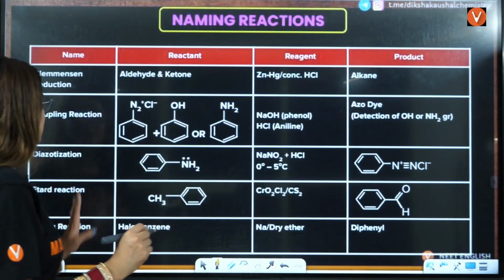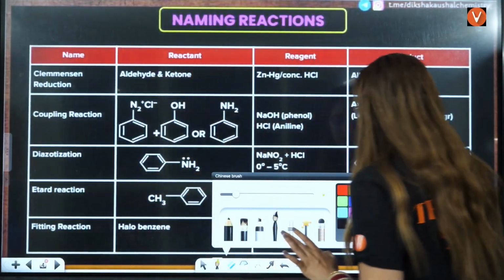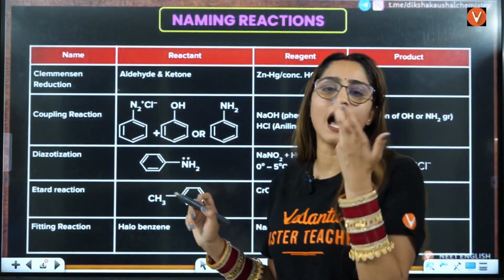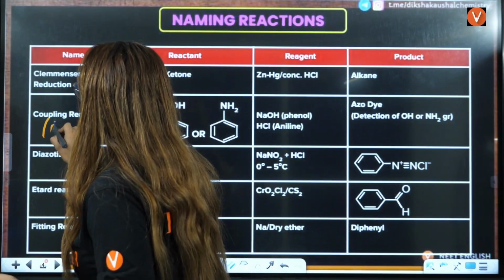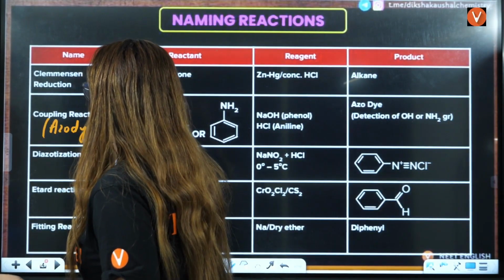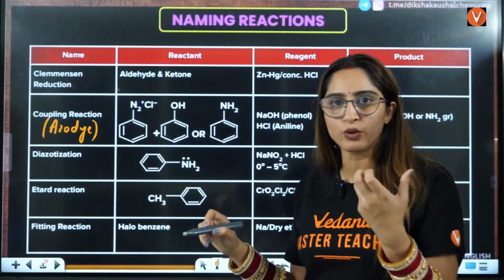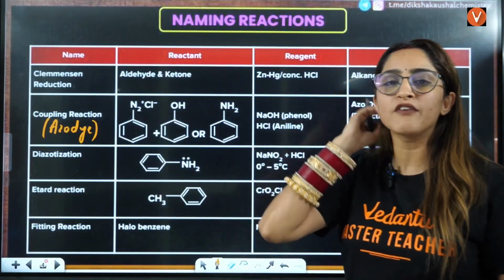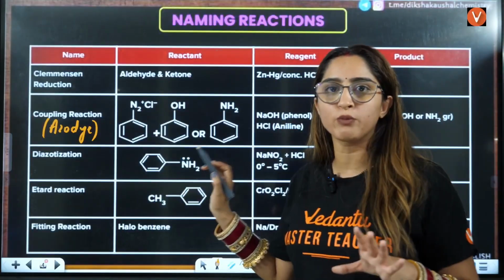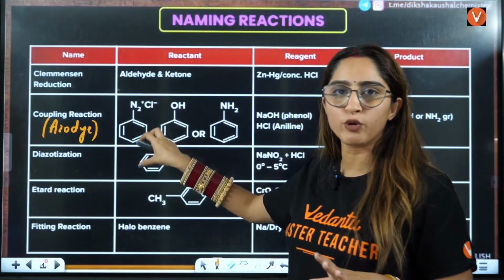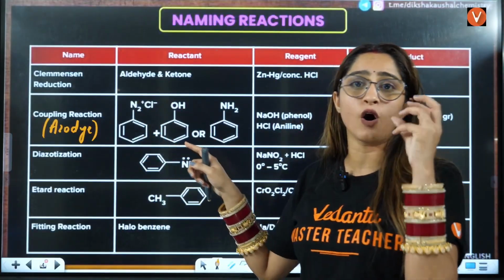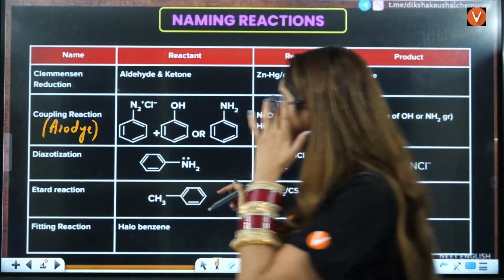Okay. Next, let us talk about some other reactions. First is the azo dye test, or you can say the coupling reaction. In this, an azo dye will be formed. Let's say you have diazonium chloride. When that diazonium chloride is reacted with phenol or aniline, what will happen?